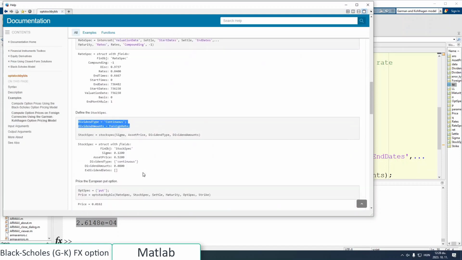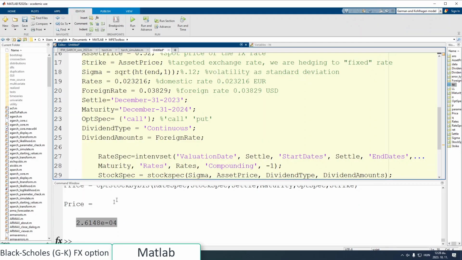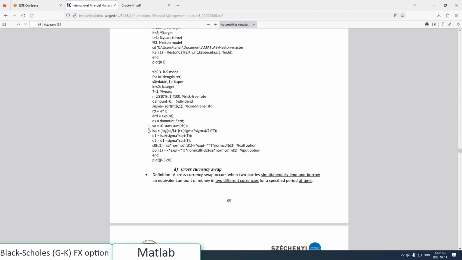No. Because if we go back to the handmade product, we can see that all the time is just 1, so it's absolutely simple.